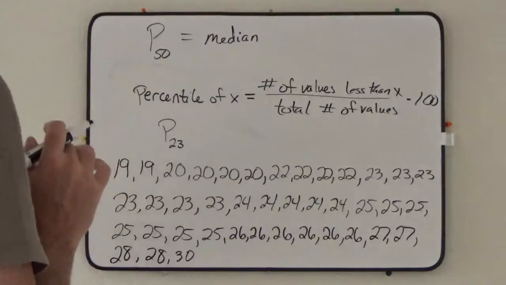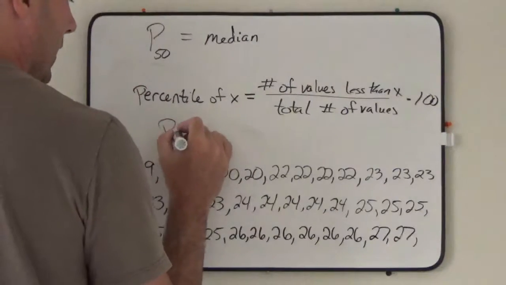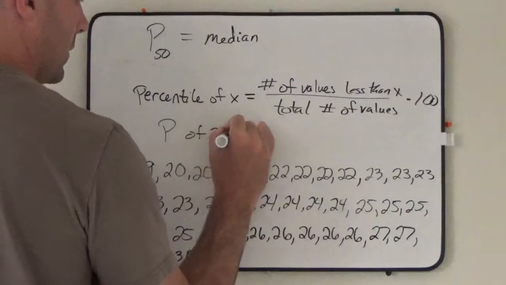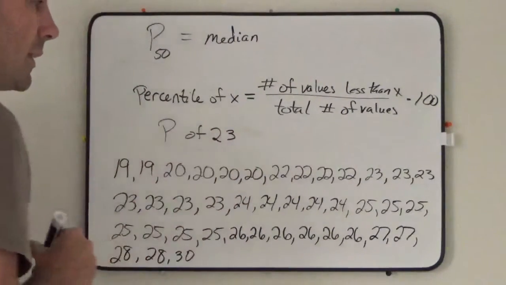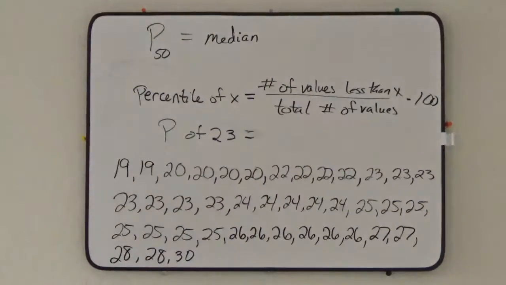Sorry, that would mean something different. The percentile of 23, where 23 is the x value, okay? So what we're going to do is find out how many values are less than 23 within that data set, okay? So let's go ahead and count that.